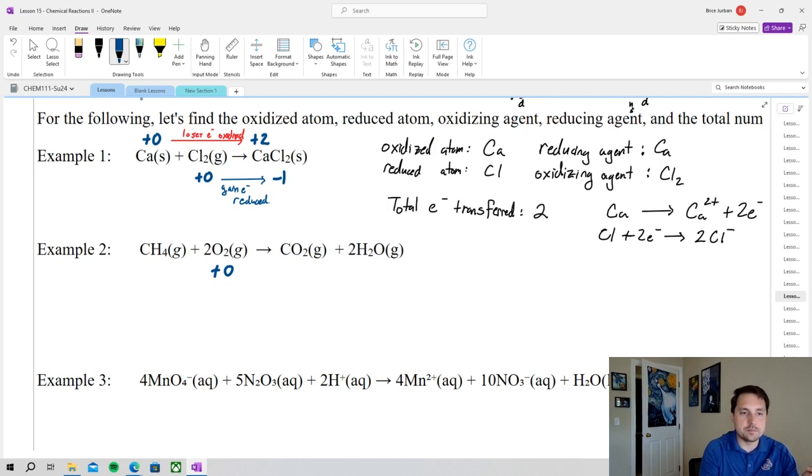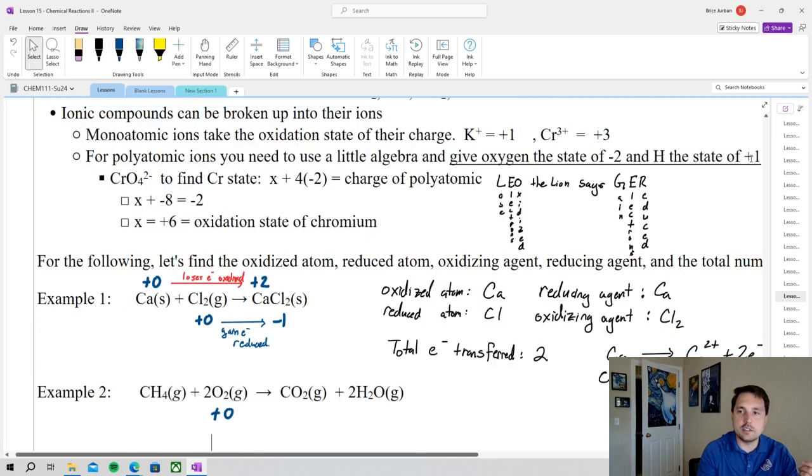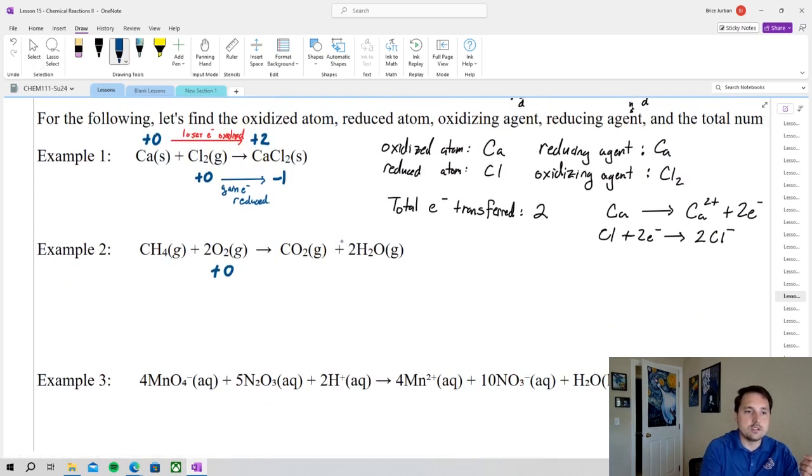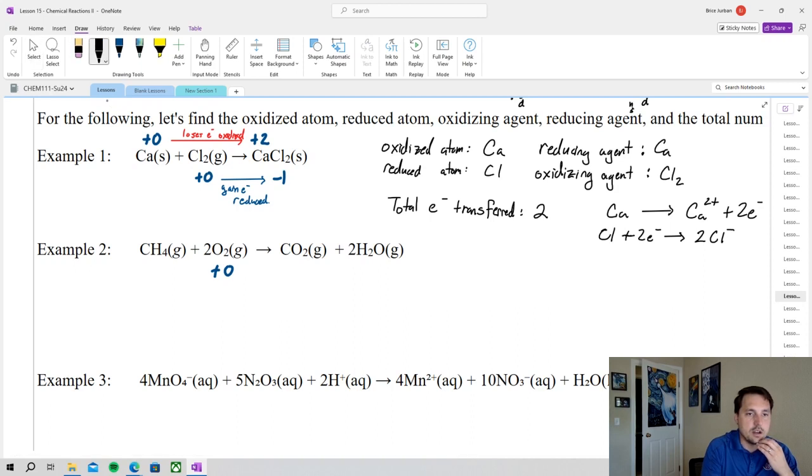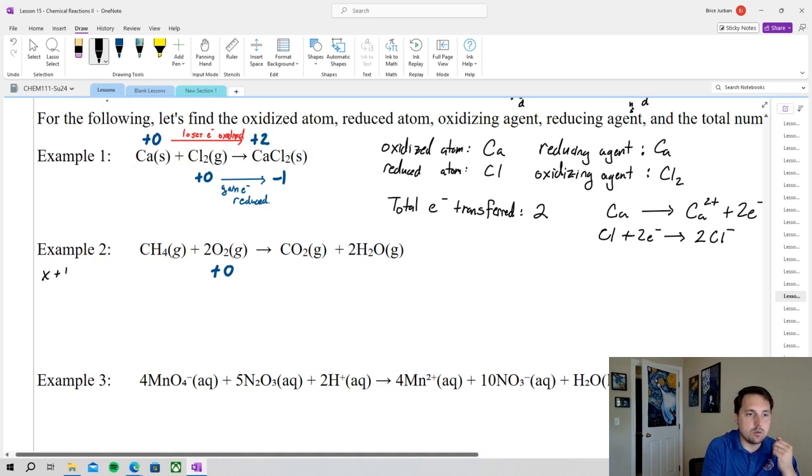Now for the carbon, we want to make use of the rule that hydrogen is going to get the state of +1. So we can do a little bit of algebra here to find the oxidation state of the carbon. The hydrogens are all going to be +1, so x plus 1 times 4 equals the charge, and there's no charge here, so we said that equal to 0.